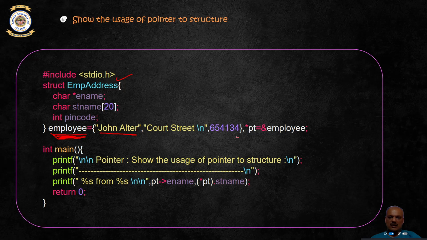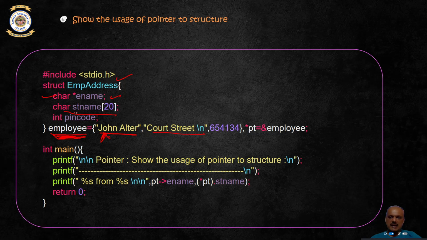Okay, these are all literals. This character array stores this string literal. These are two different things. This array stores it, this pointer points to this literal.